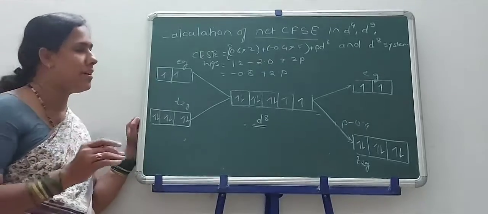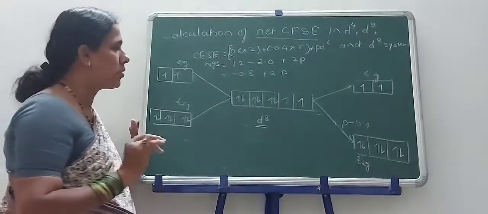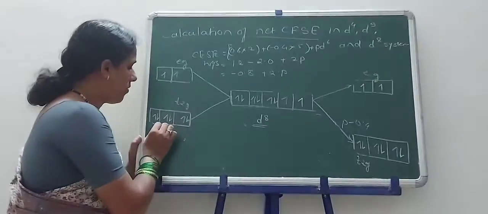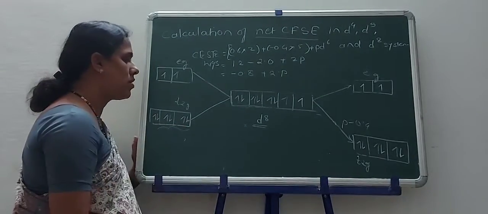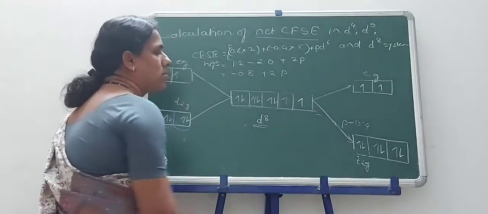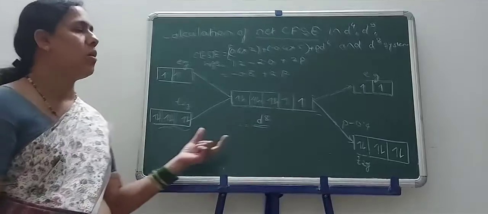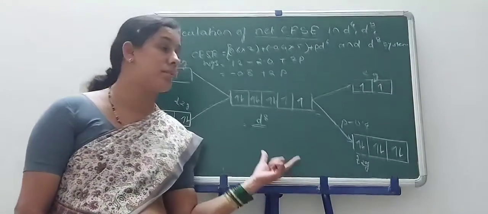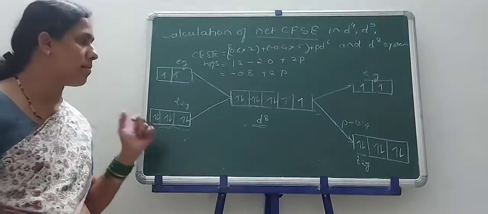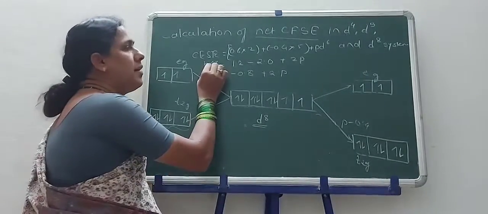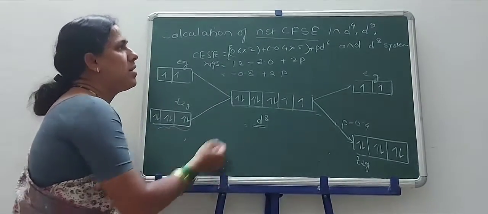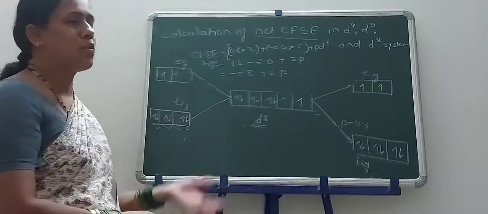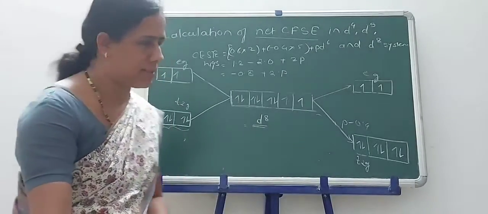Same CFSE calculation. Okay, that is the same value. Therefore, the number of electron pairs is equal to how much? That is equal to 3. Here also 3. Therefore we have the same CFSE, that is the same crystal field stabilization energy, net also. Okay, thus we have explained the calculation of net CFSE.